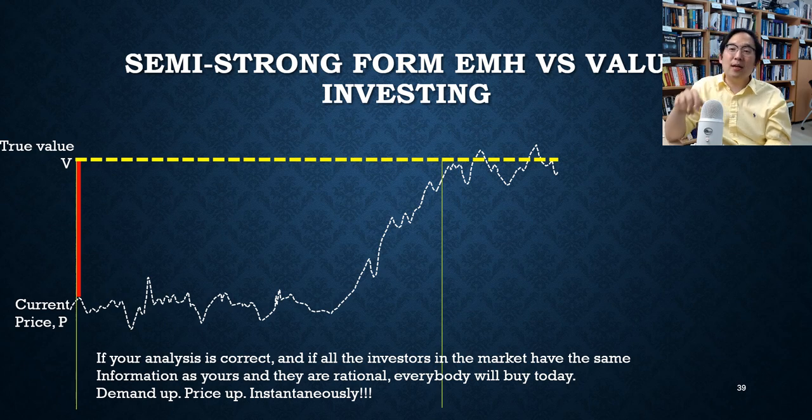So much so that you're not alone in pushing the buy button, but also everybody else is pushing the buy button simultaneously. So much so that the price should have gone up to the target price right now, instead of having to wait 1 year or 2 years down the road.